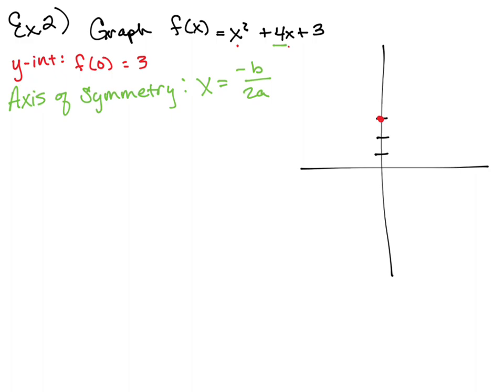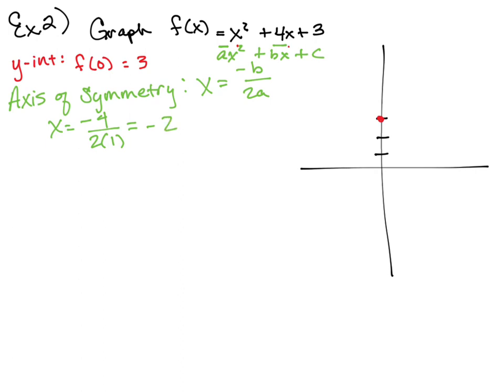And a is going to be what? 1. Very good. So we're looking at the coefficient of x squared. Remember, this is in the form of ax squared plus bx plus c. So that's where we're getting those values. So x is equal to negative b, that's negative 4, over 2 times a, which was 1. Axis of symmetry comes out to be at x equals negative 2.